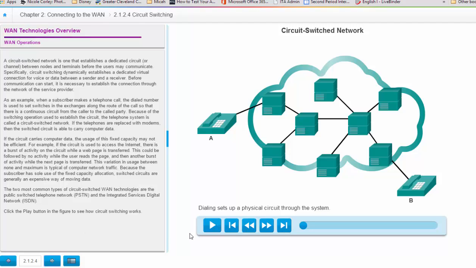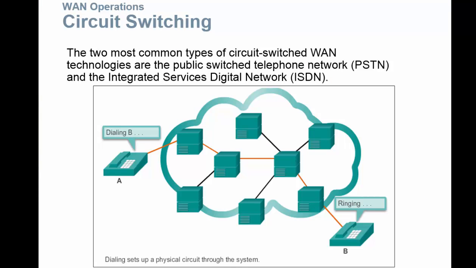You can click here to see an example of the dialing sets up a physical connection through the system, because A is dialing B, so it's making its connection until it gets to B, and that's where it rings. As you can see here, the two most common types of circuit switched WAN technologies are the public switched telephone network, or the PSTN, and the integrated services digital network, or ISDN.